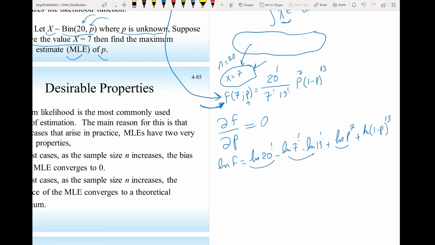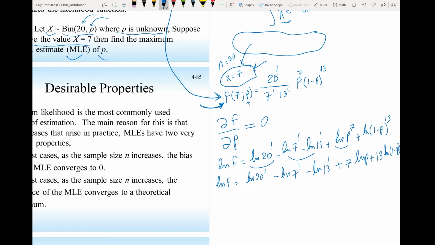Let's simplify this more. So this is the natural log of f. This will be the same constant, plus 7 natural log of p plus 13 natural log of 1 minus p.